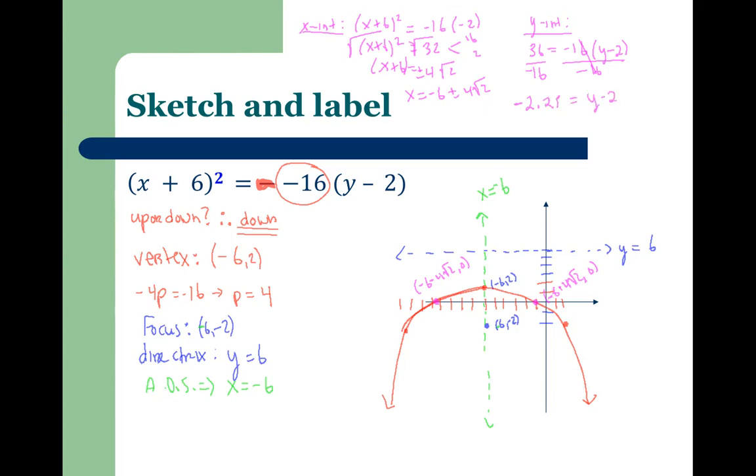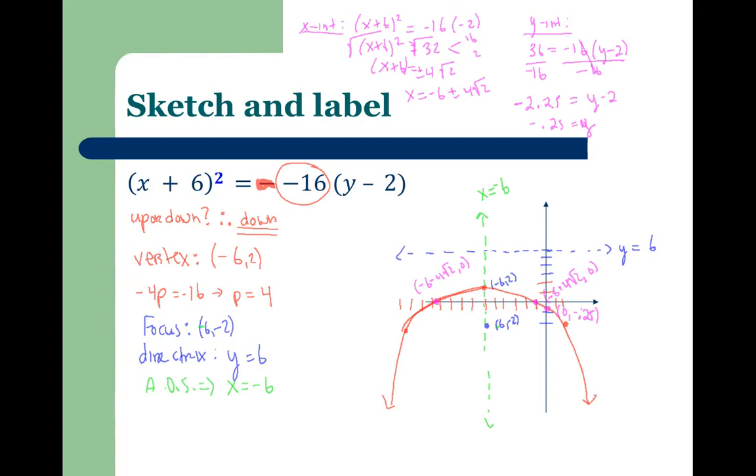If I add 2, I get negative 0.25 equals y. So that means this point right here is about 0, negative 0.25. That should be the approximate.